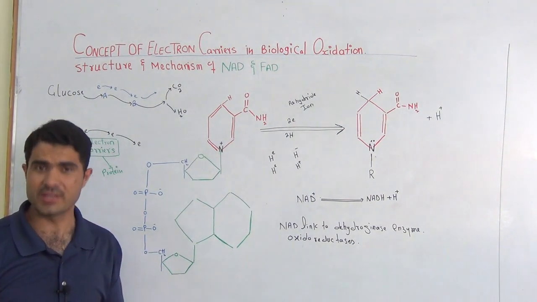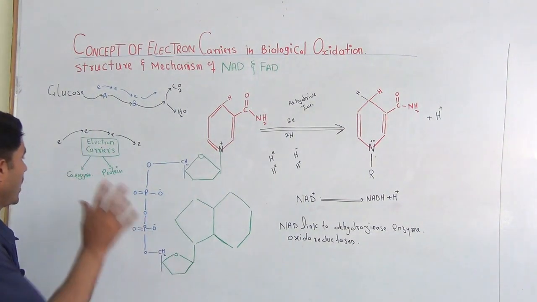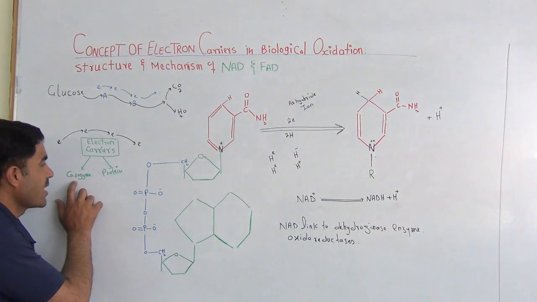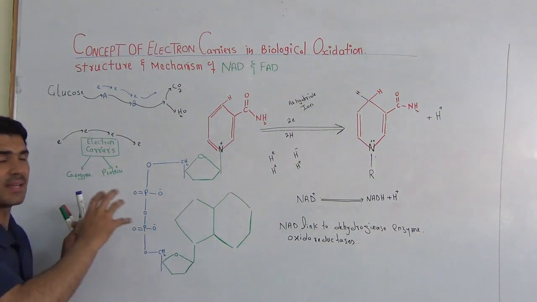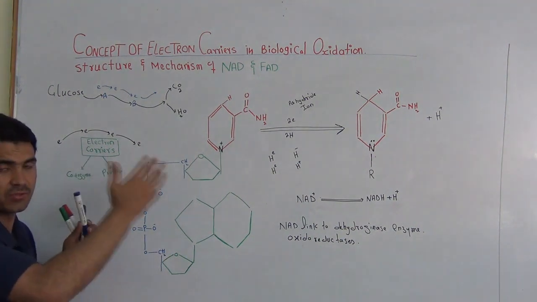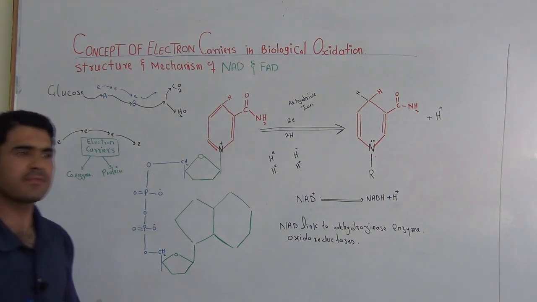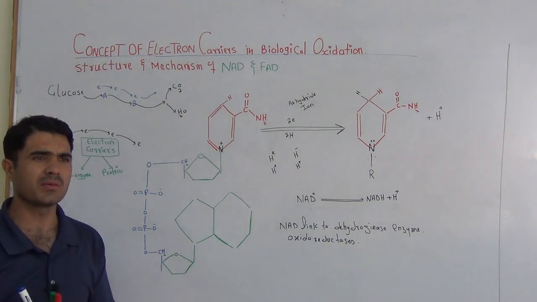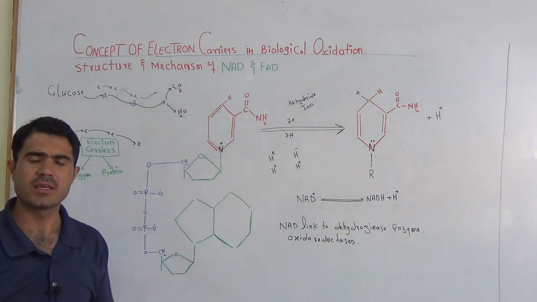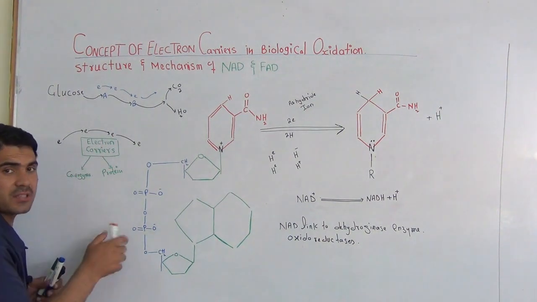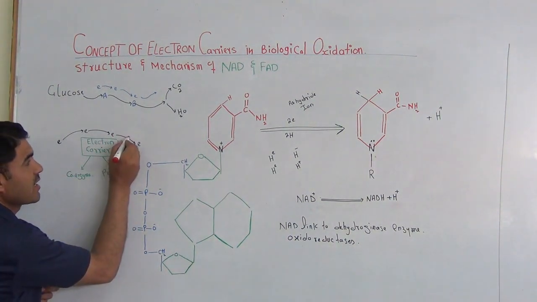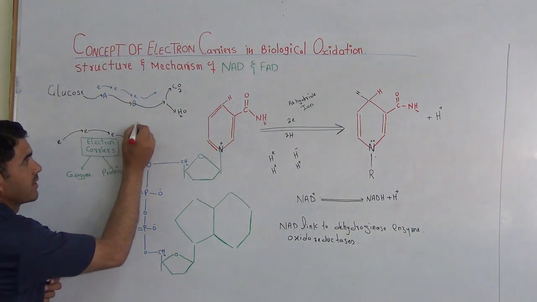Yes, I will say yes. These are the coenzymes and proteins that act as electron carriers, and they carry electrons from one place to another. Many of the students might also be thinking, what is the need of this electron transfer? Actually, when electron transfer takes place, during this electron transfer we get energy.